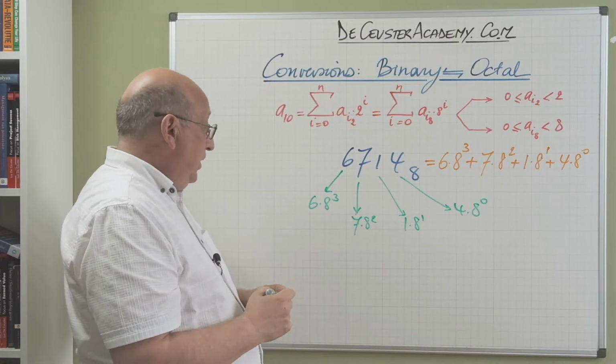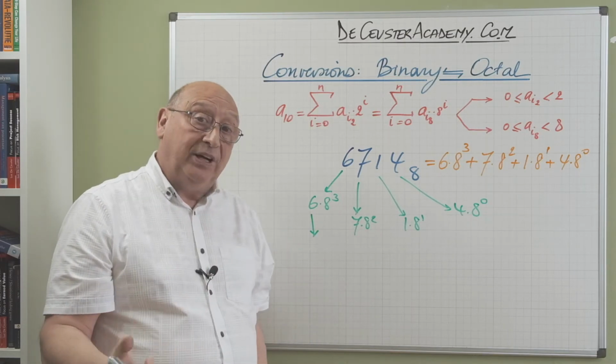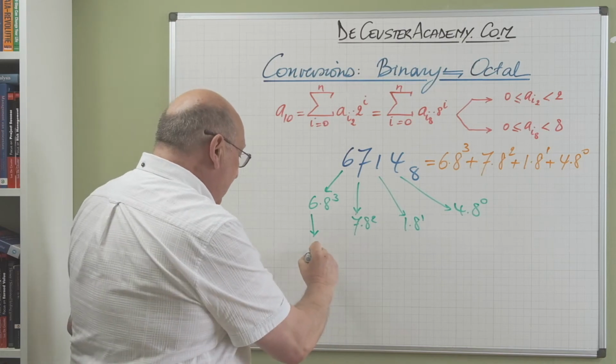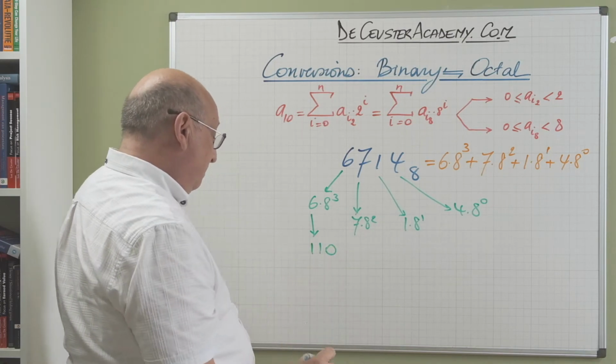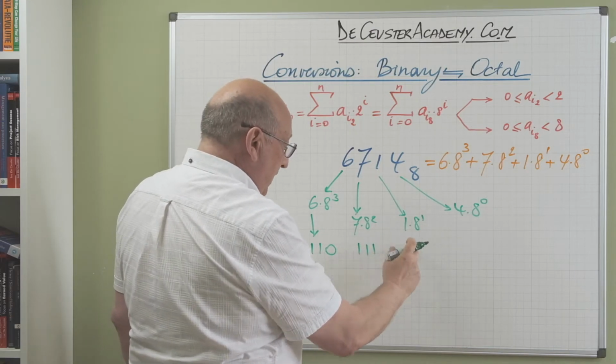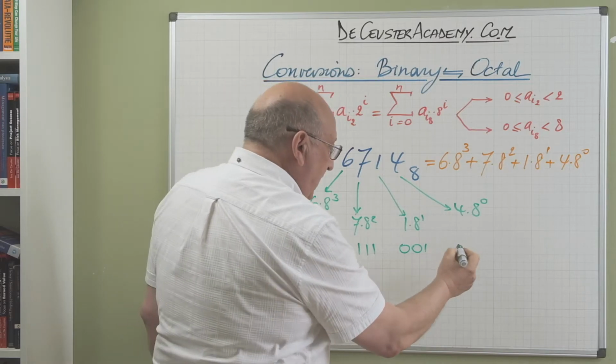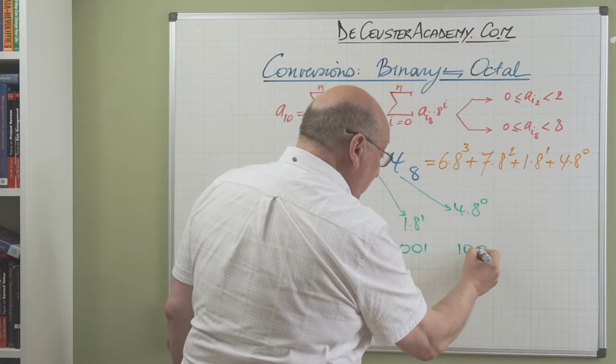Now what we know here is that 6, we look at the coefficients and we write them in binary, is 1 1 0. 7 is always an easy one, 1 1 1. 1 is also an easy one, 0 0 1, and here we have 1 0 0.